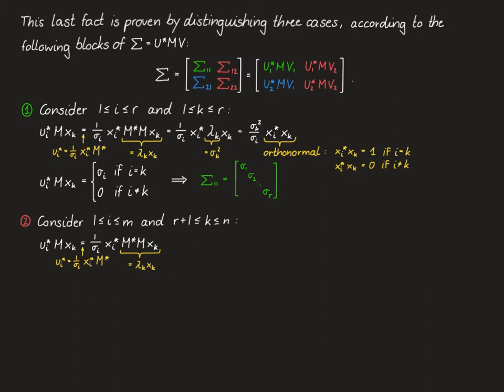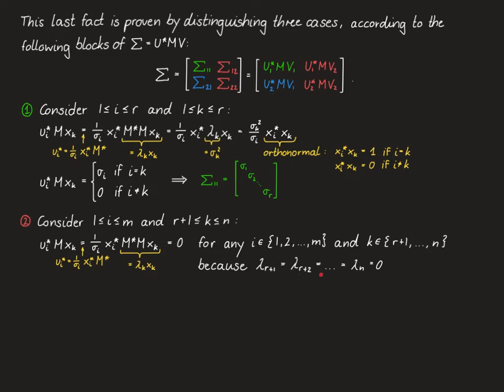But now this whole expression is equal to 0 because lambda k is equal to 0. And that's because, as you remember, all the eigenvalues lambda r plus 1 through lambda n of M star M are equal to 0. Written collectively, this implies that the blocks sigma 1,2 and sigma 2,2 are both equal to the 0 matrix.